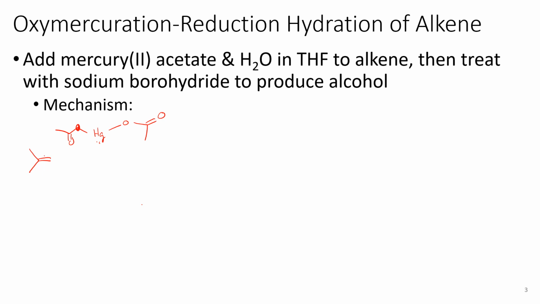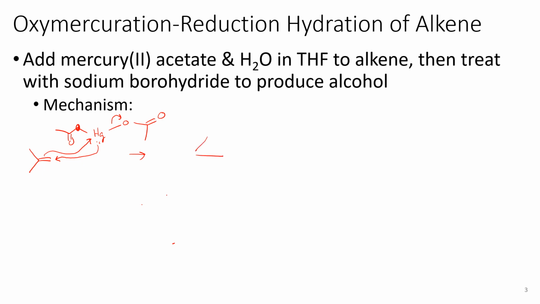So our nucleophile will come in and attack the metal that still has vacant orbitals associated with it. And those extra electrons that are on the mercury will also come in and attack one of the carbons from the alkene as well. Through this process, we are also going to break the bond between the mercury and one of the acetate ions.